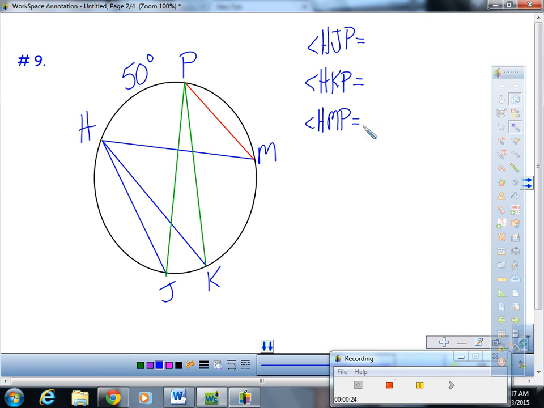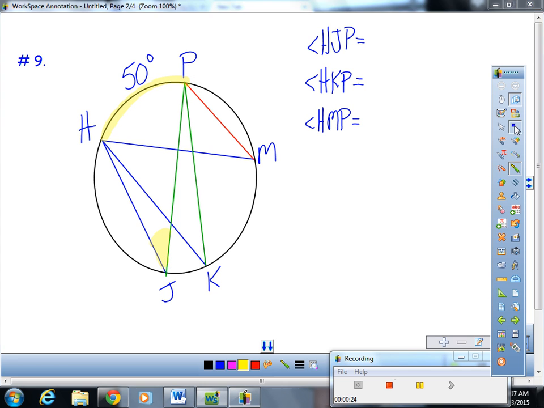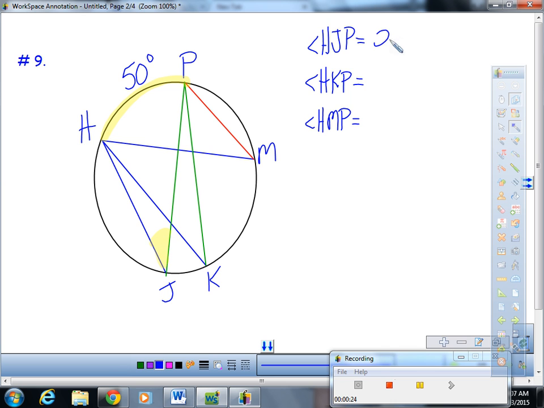Okay, so HJP is this angle right here, and it intercepts this arc. And so we very briefly talked in class last week that this angle is half the measure of that arc, which makes it 25 degrees.